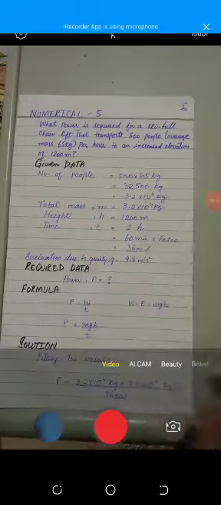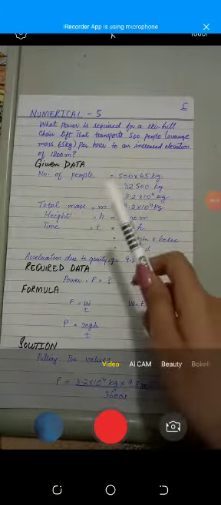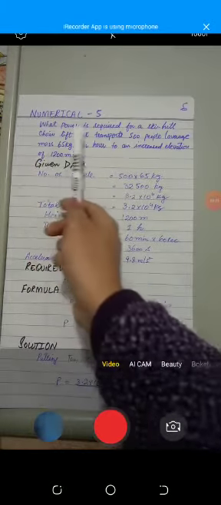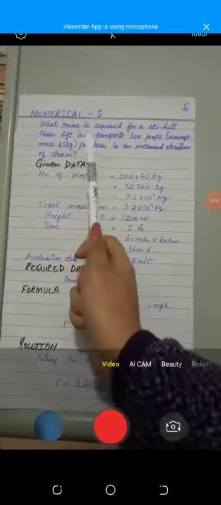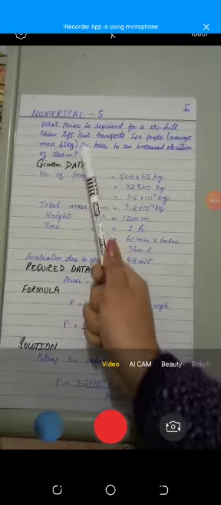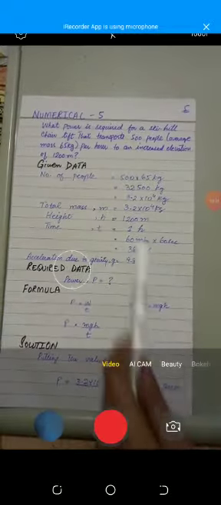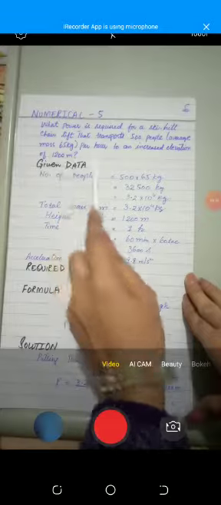Now numerical number 5. What power is required for a ski chair lift that transports 500 people, average mass 65 kg, per hour, with an elevation increase of 1200 meter?